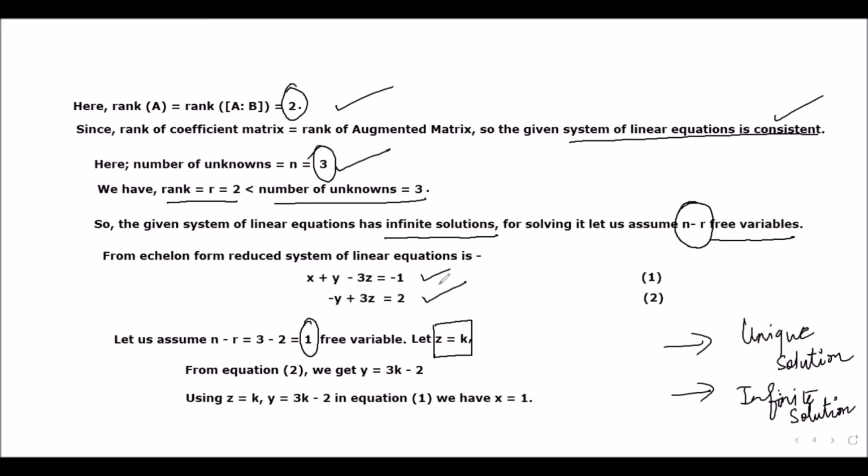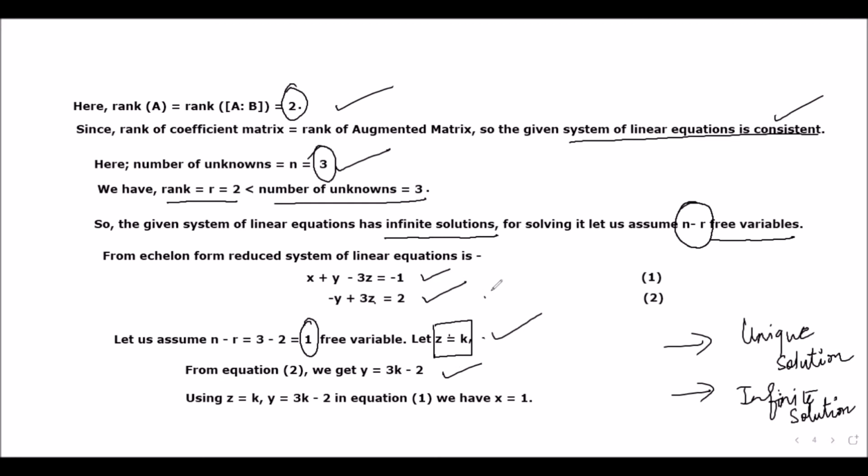Now by back substitution, once we have assumed that z is equal to k, if I put z as k in the second equation, we can find y. And what we get here is that y is 3k minus 2. Now we have z is k and y is 3k minus 2.